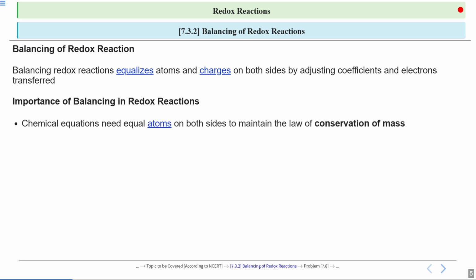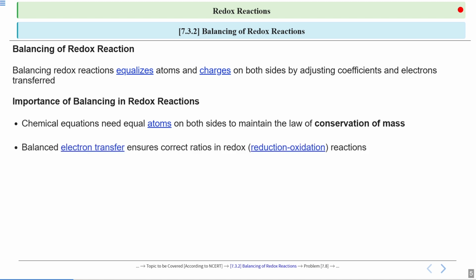Chemical equations need equal atoms on both the sides in order to maintain the law of conservation of mass. Why? The balanced electron transfer ensures correct ratios in redox, that means a reaction in which oxidation and reduction are taking place. So this is the importance of balancing in redox reaction.